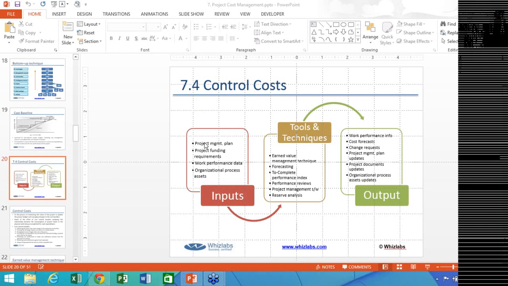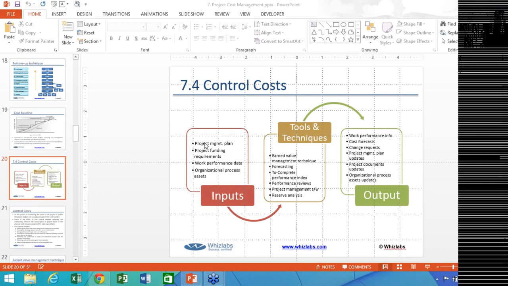So supposing we are working on a project, and I'll use the same example, and the budget is $10,000, and when we are halfway through, what we figure out is that we have already consumed 60% of the budget. That means 40% of the money is still there in our bucket, but the amount of work is more than the funds available in our bucket.